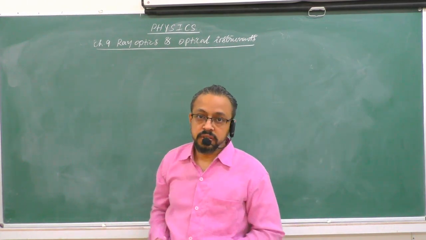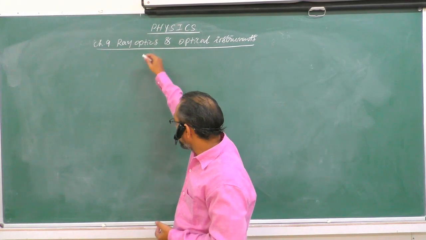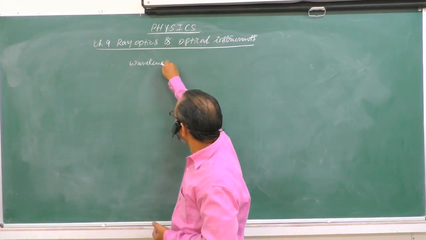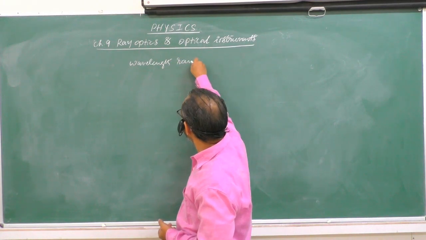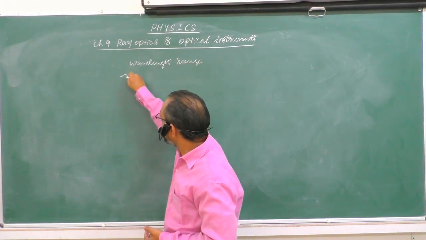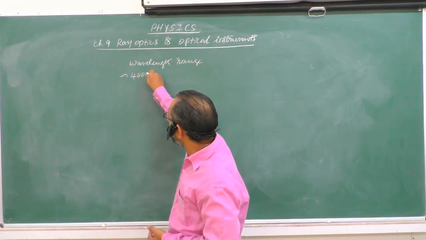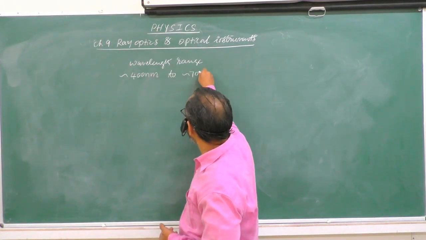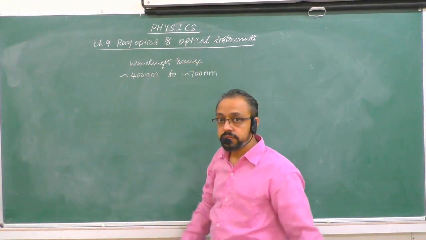Let me write that wavelength range. The wavelength range is from approximately 400 nanometer to approximately 700 nanometer.